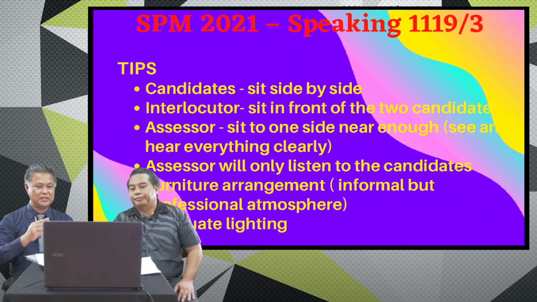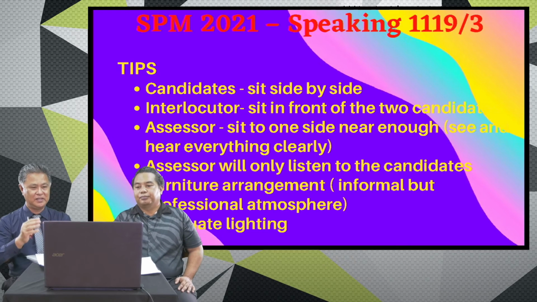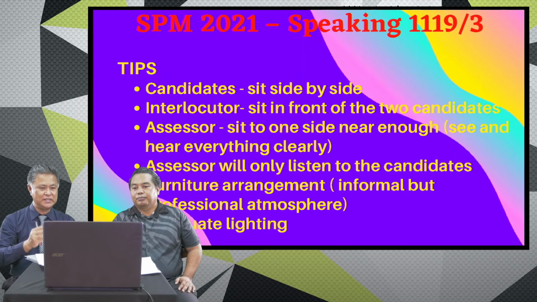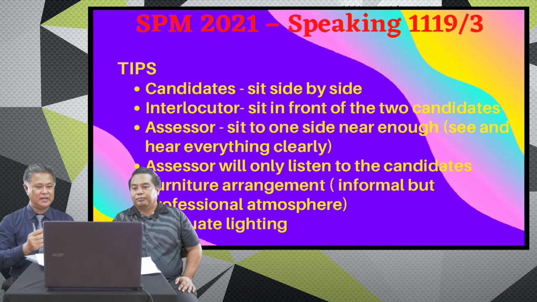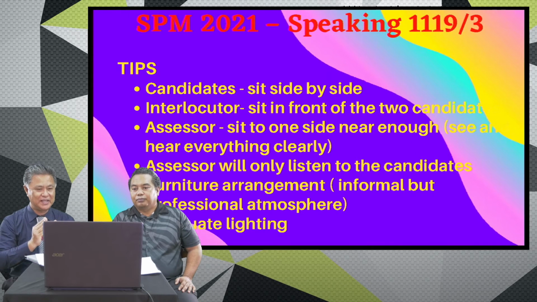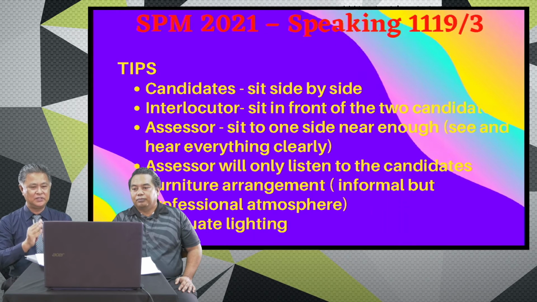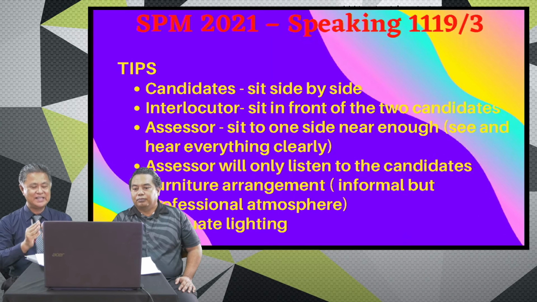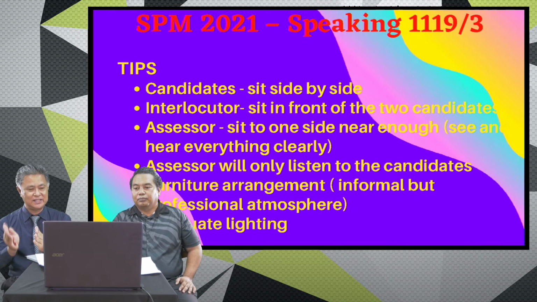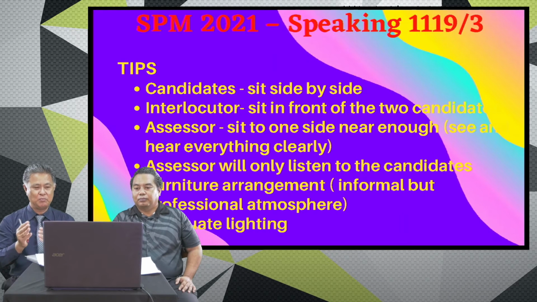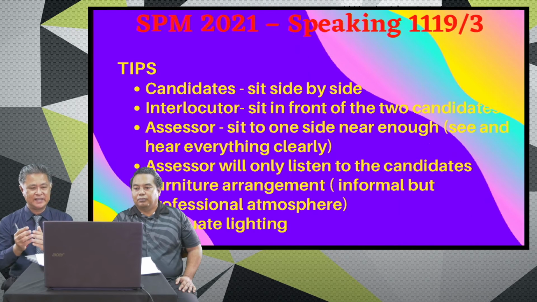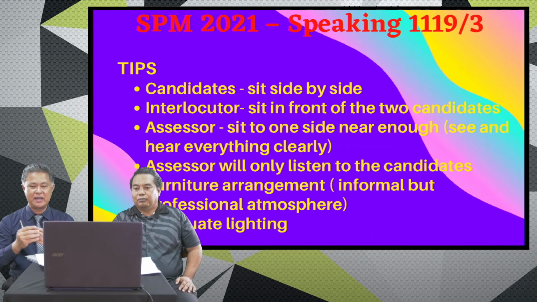To cut it short, this is what we have. As I said just now, candidates will sit side by side in pairs, two students side by side. The interlocutor, the subject teacher from the school, will sit in front of the two candidates. The assessor, an English teacher from another school or center, appointed by Jabatan Pendidikan, sits to one side near enough to see and hear everything clearly.